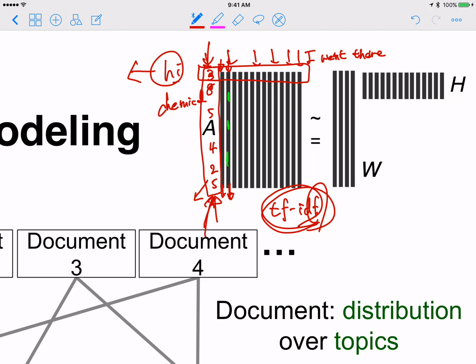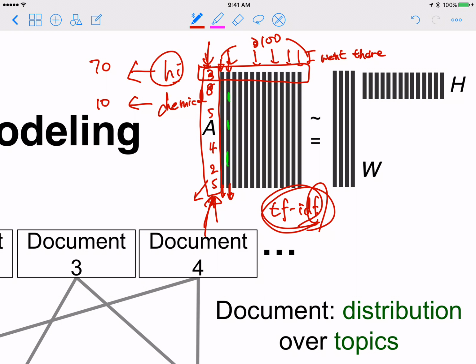"High", appearing in many documents, will have a high document frequency. Among maybe 100 documents, it appeared in maybe 70, and this other keyword appeared in only 10 documents.